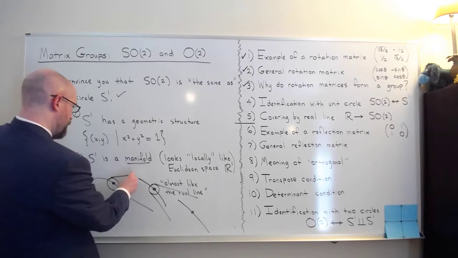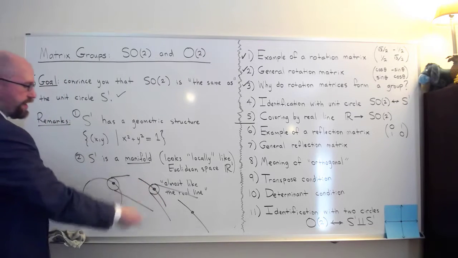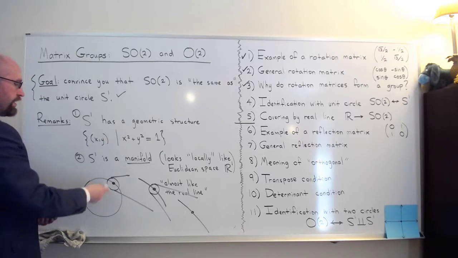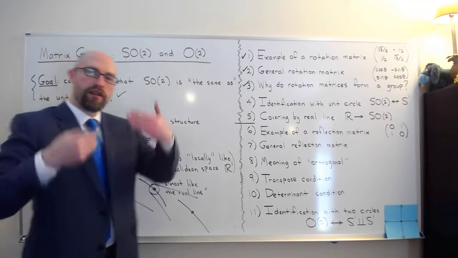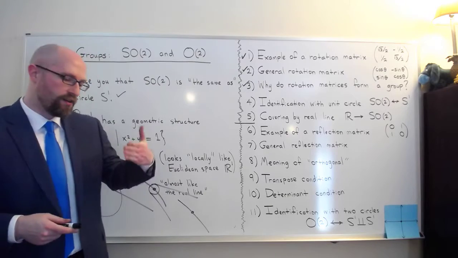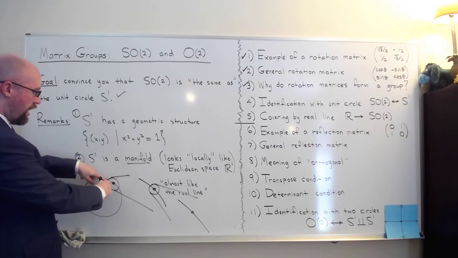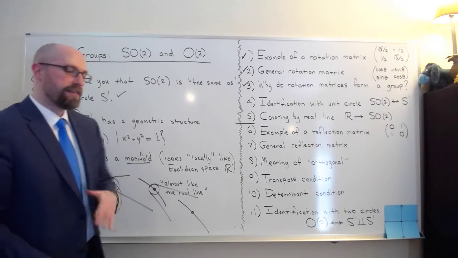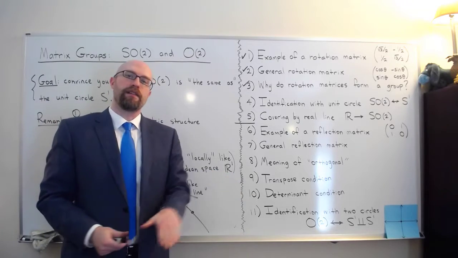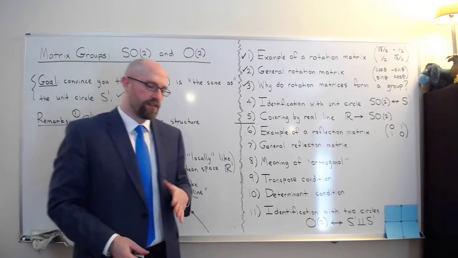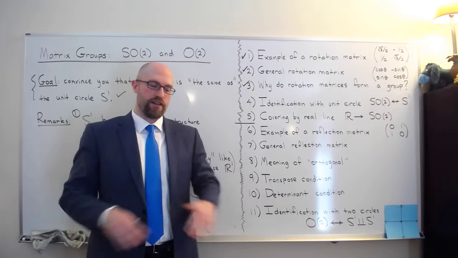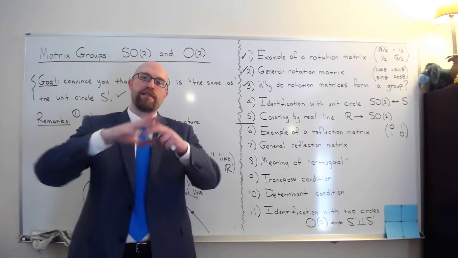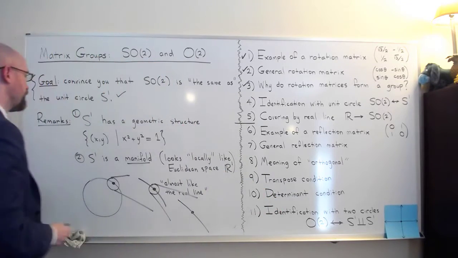I don't know if you appreciate my artwork here, but you can imagine taking that circle and looking at it under a microscope, and as you get closer and closer, you are less likely to see the curvature. It's not unlike being on the surface of the Earth, where you don't notice the curvature because the Earth is so large. You're zoomed in, whereas if you zoom out in space, then you can see the curvature easily.